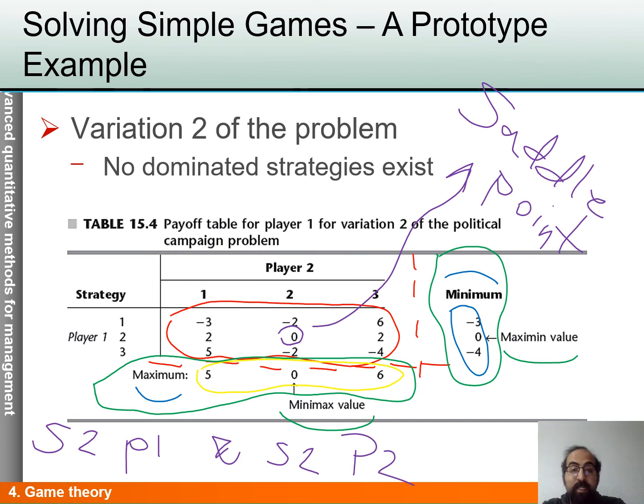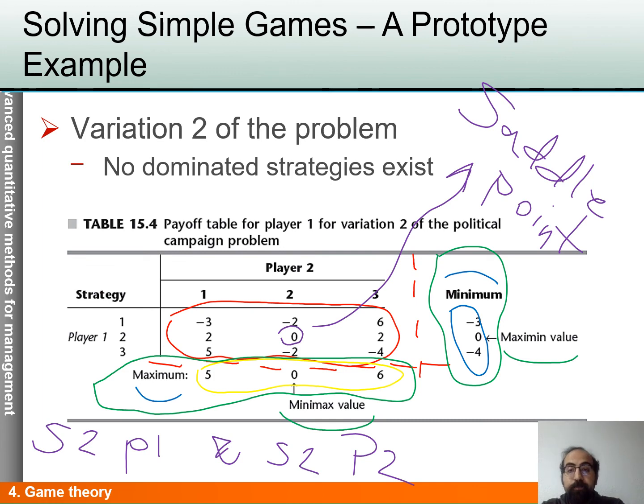It means that by selecting strategy 2 of player 1 and strategy 2 of player 2, none of them wins or loses, okay? The value of the table is 0. This is the saddle point, in Spanish, punto silla.